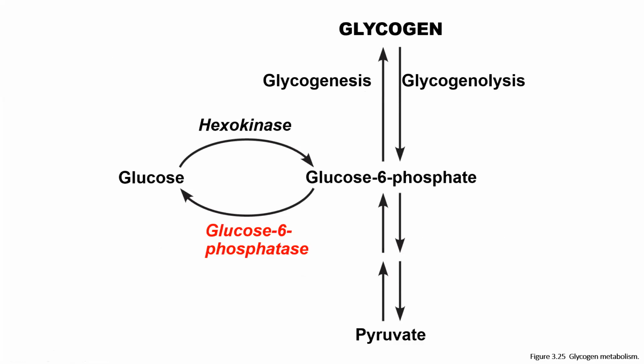So this is where we use glycogen, remember that complex carbohydrate, and we can break it down to glucose 6-phosphate. But in order for this to leave the cell, it must be converted to its original form, glucose, via the enzyme glucose 6-phosphatase. Okay, and so when it does this, it can then be exported into the bloodstream and used in our other cells.